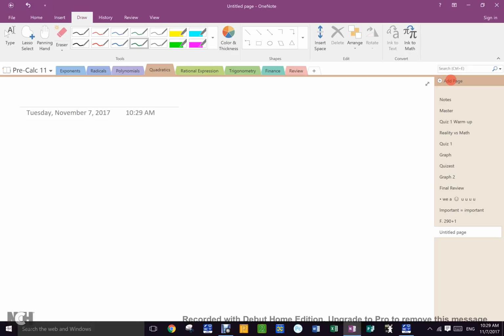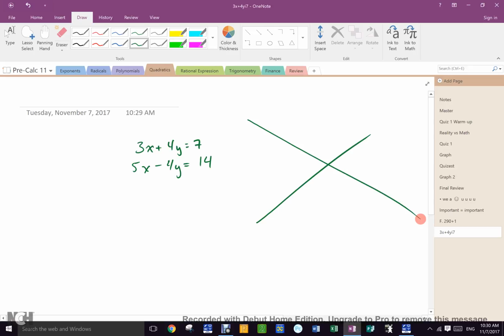Remember last year when I gave you this question? Questions like this. And last year you knew that they would graph 2 lines, yes? And the answer would be where they connected, right?